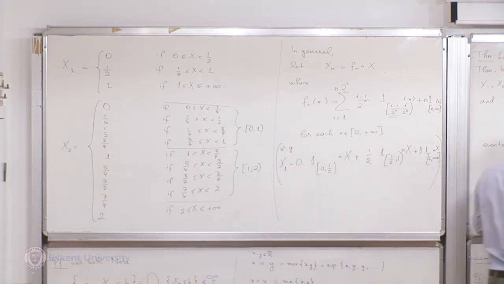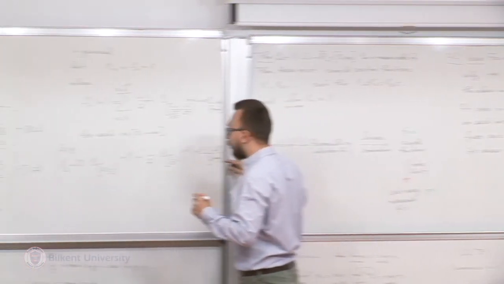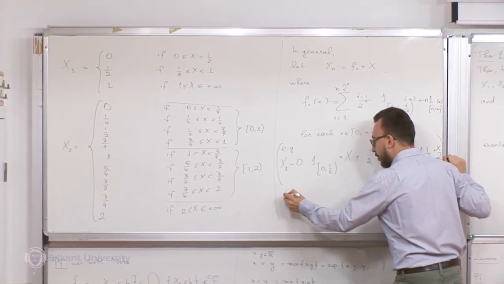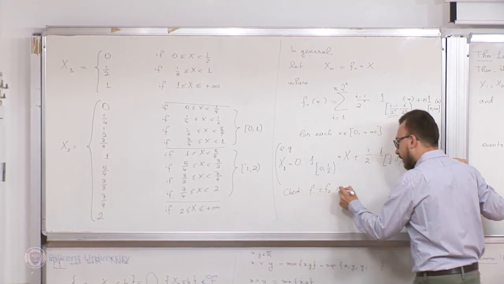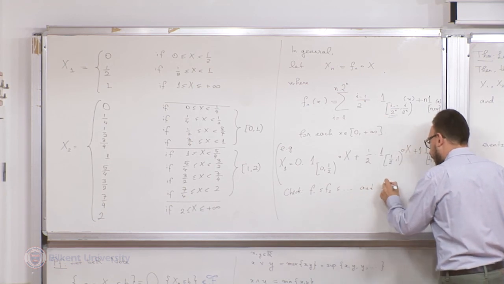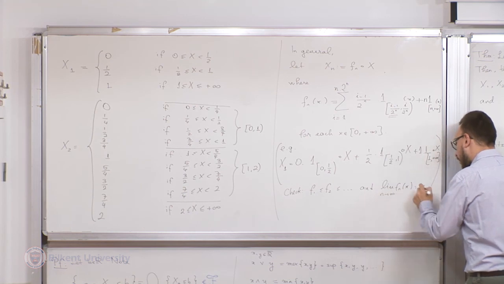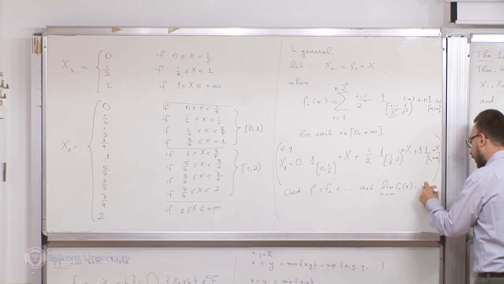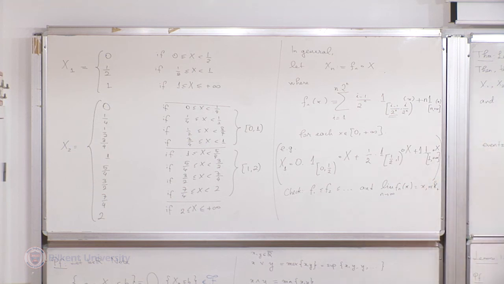So now we need to check what we claim. First of all, check that f1 is less than f2, etc., and the limit of fn of x is x for all x. That's a calculus exercise because these are functions on the real line.